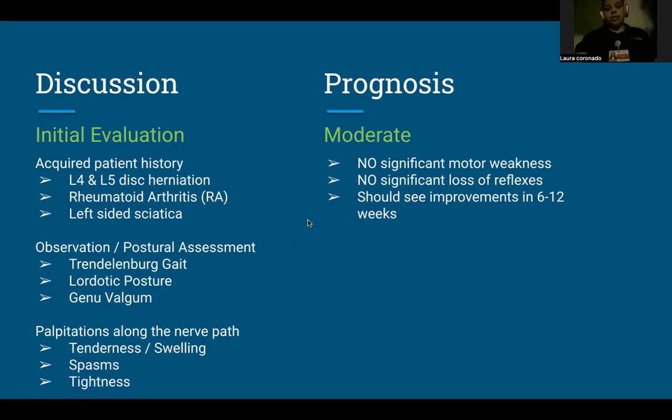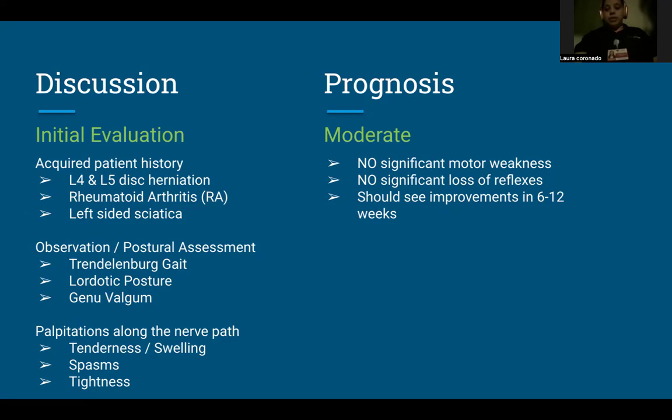So our prognosis for this case, it is a moderate case. This is due to no significant motor weakness, no significant loss of reflexes, and we should hopefully see improvements within 6 to 12 weeks.